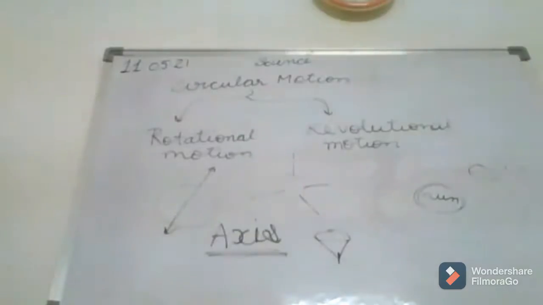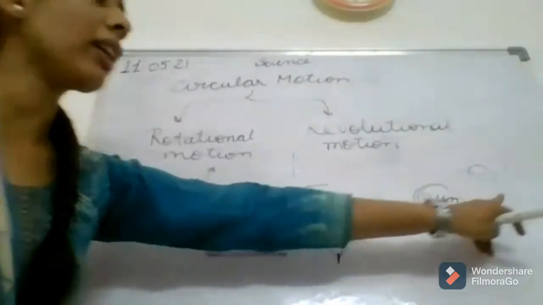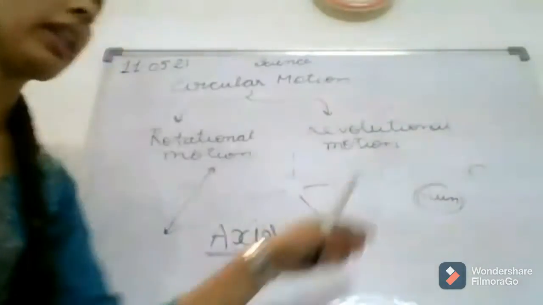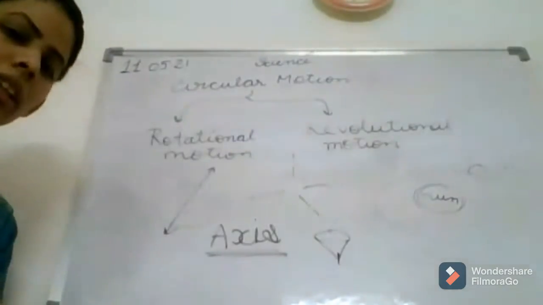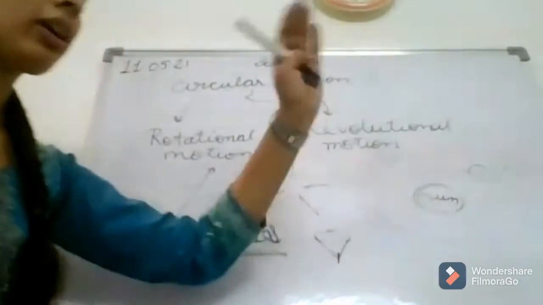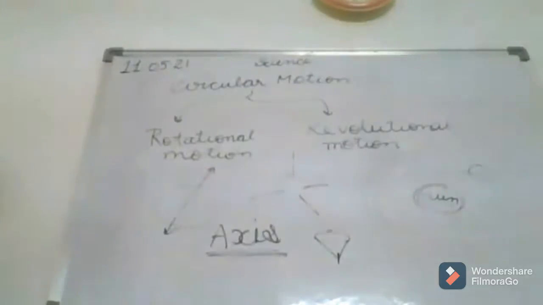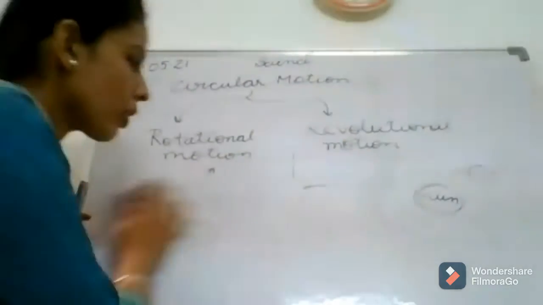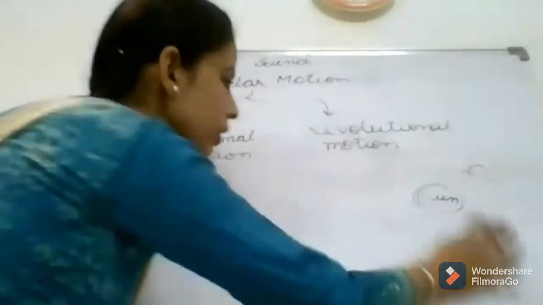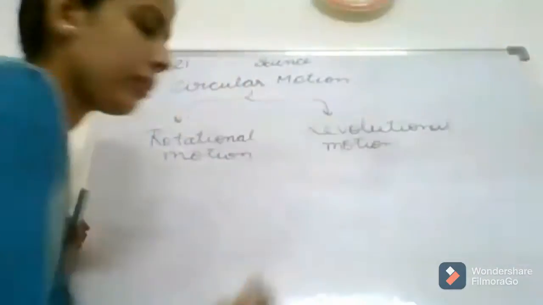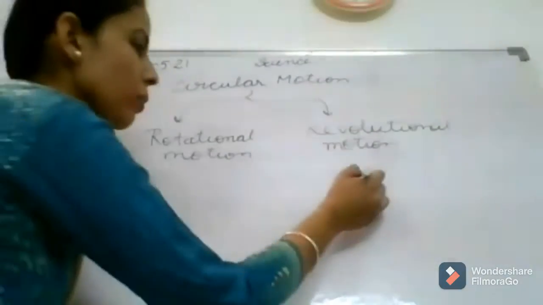Now next, examples of revolution. For example, the Earth is the simplest example: Earth is revolving around the sun, and similarly the moon is revolving around Earth. And next, you have all seen a toy train. In this way it is made.